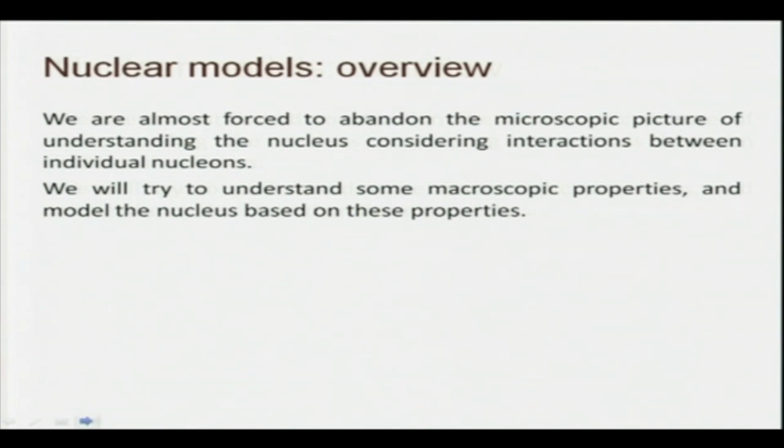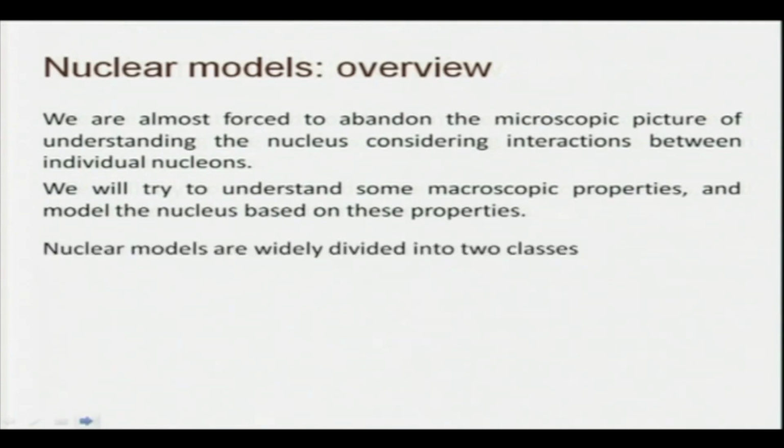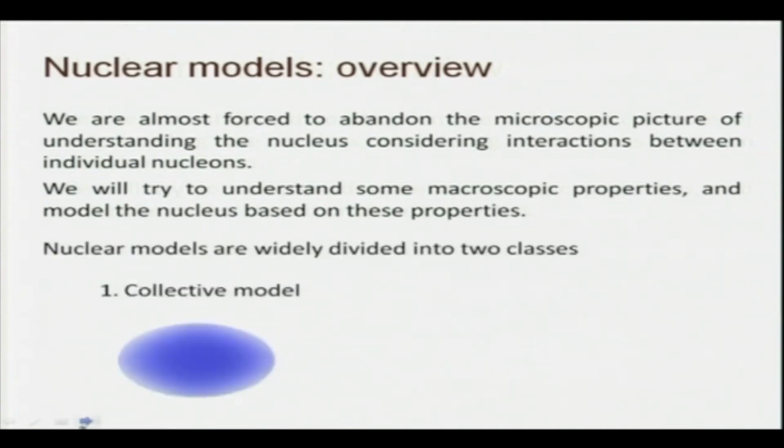angle. Here again there are widely two different classes. One is actually not really going into the details of the structure of the nucleons inside the nucleus, but collectively how they behave, all of them together, like one of these liquid drop models that we mentioned in the beginning of the course.